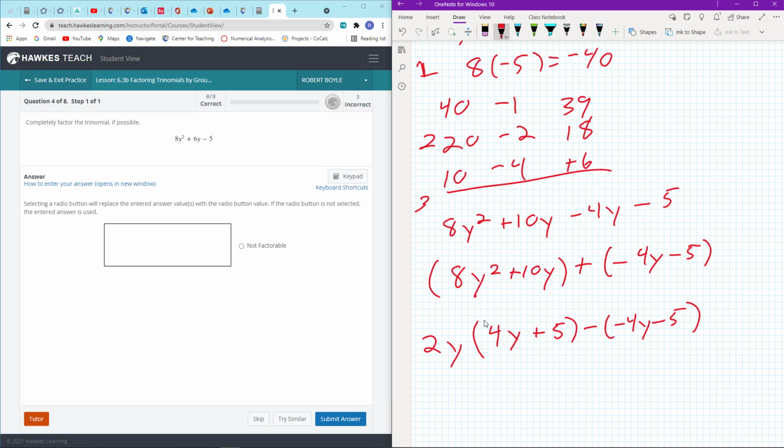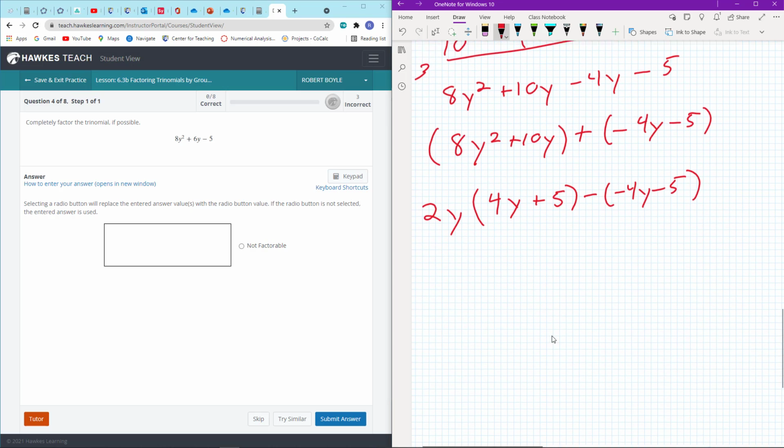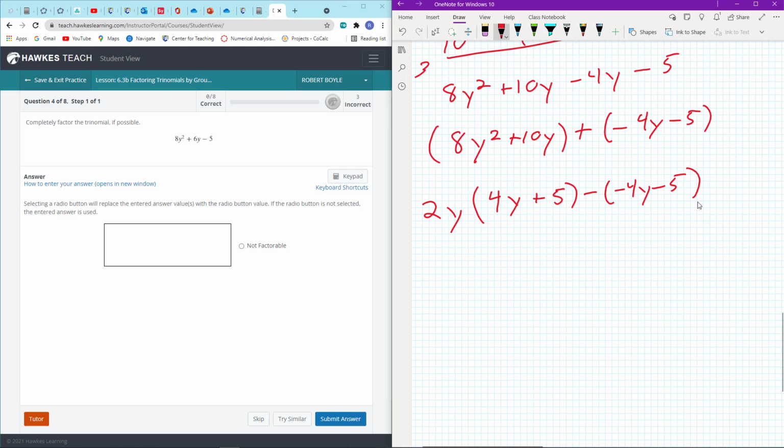Now, are the binomial terms the same? No, they are not, but notice that they are opposites of each other, and there should be a plus here. I apologize. So I can factor out a negative 1 by replacing the plus with a minus, replacing the negative 4y with a positive 4y, and the negative 5 with a positive 5.